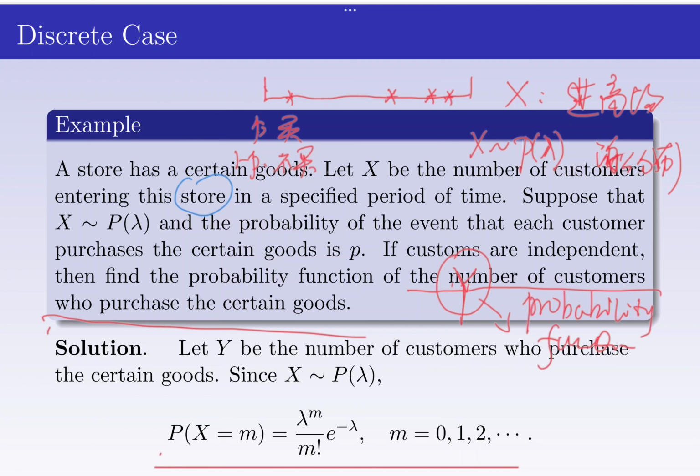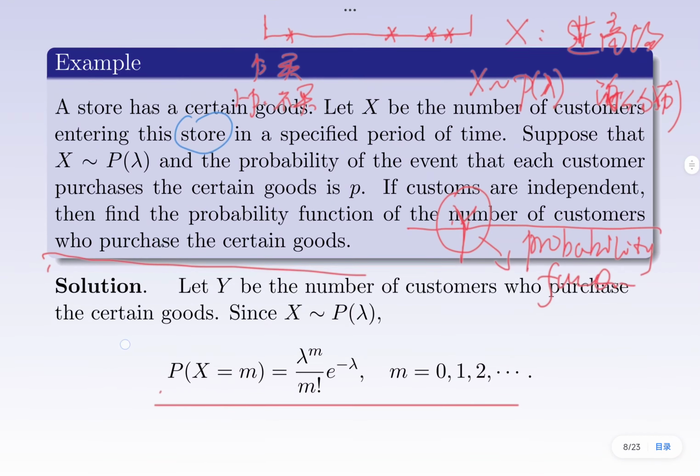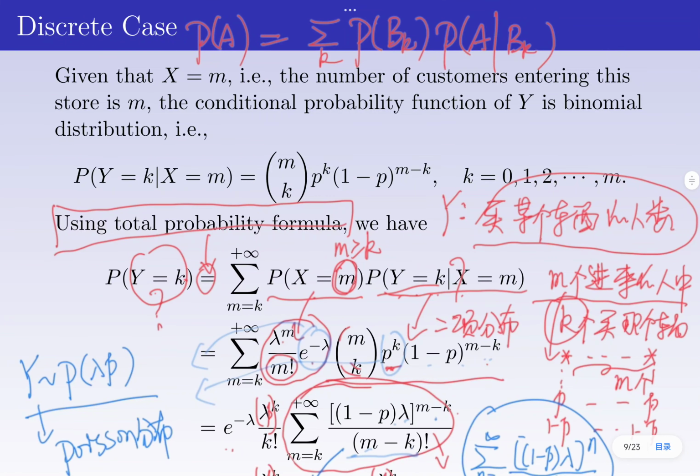X is the number of customers entering, with Poisson distribution. If customers are independent, then consider the number of customers who purchase the goods. Suppose Y is the number who purchase, so Y equals m. This is just the Poisson, and I get this formula: given that the number of customers entering is m.